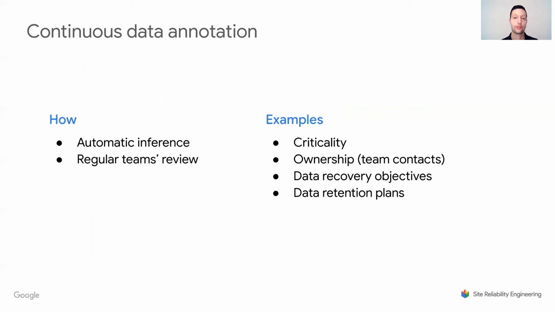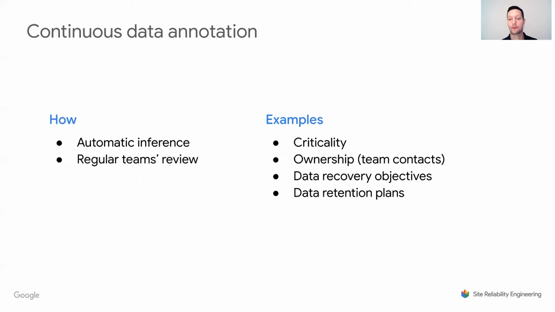It is important to keep the data annotated on a continuous level, as a continuous process. And regular team input is key here, but a lot of details can be inferred automatically as the system matures.